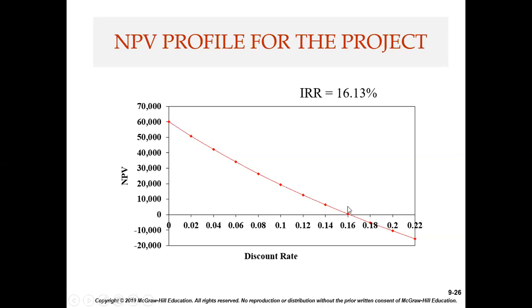And we want to find the point where it reaches 0. So at any point above this, we have a positive, so we want to accept the project. As the discount rate goes beyond 16%, which is the internal rate of return, we enter into negative net present value.